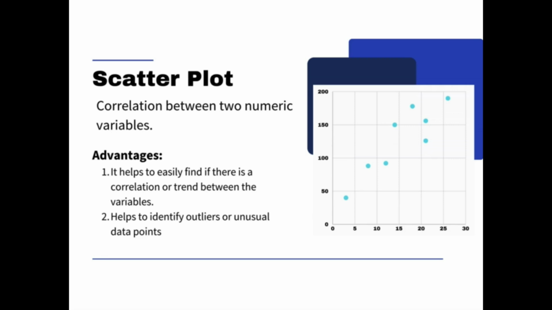There are different advantages, but the most highlighted ones are: one, it helps to easily find out if there is a correlation or trend between these two variables. Also, it helps us to identify outliers or any unusual data points.